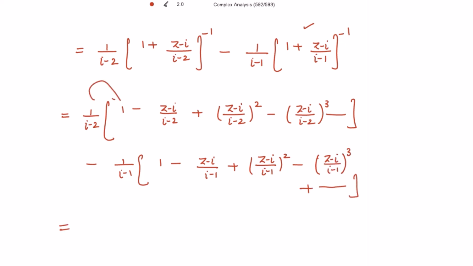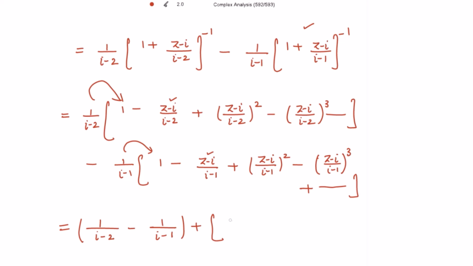Let's multiply this 1 divided by iota minus 2 inside and also this 1. So we have the first term to be 1 divided by iota minus 2 minus 1 divided by iota minus 1, right? Then plus the second term. Let me take z minus iota common from these two terms.